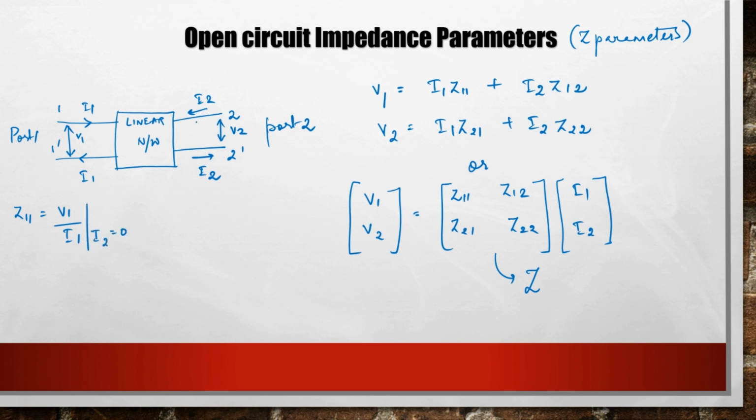So if we consider I2 is 0, it means that port 2 is open. And we see that V by I is nothing but an impedance. It's an impedance, right? So we call this the driving point impedance of port 1.